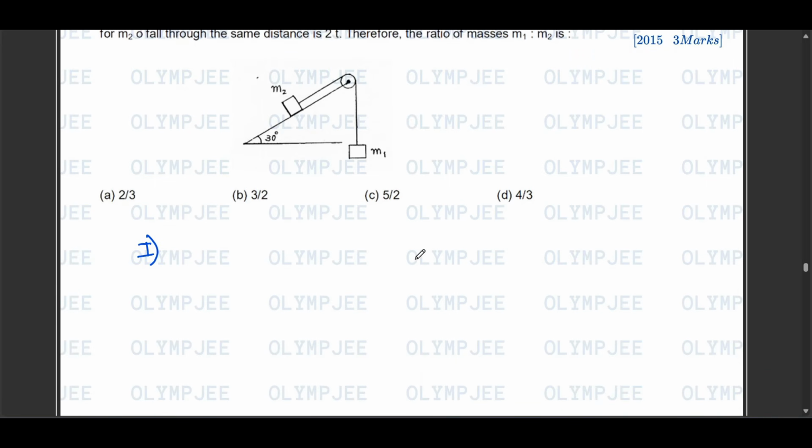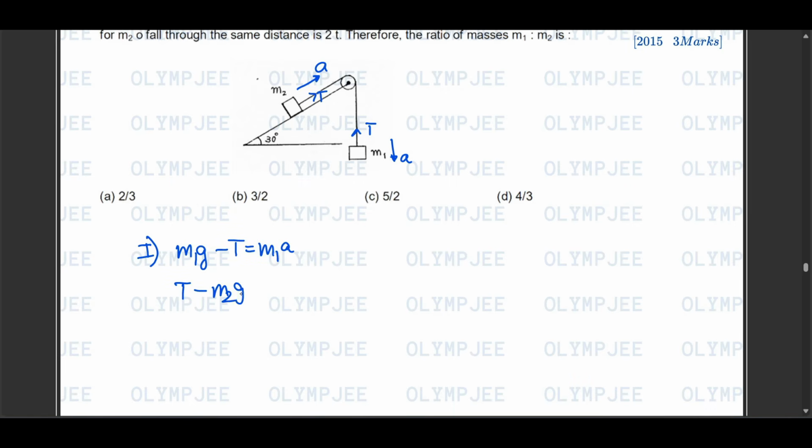we can write that if this is moving downwards with acceleration a and this is moving in this direction with a, and the tension will be the same because it is the same massless string. So m1g minus T is equal to m1a, T minus m2g sine theta is equal to m2a.